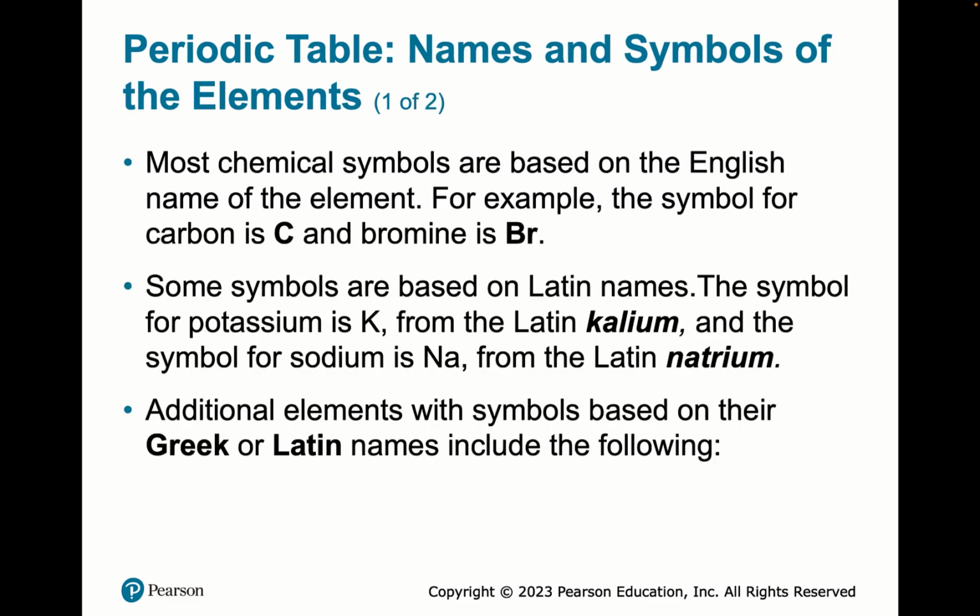So we usually have symbols based off of the English name of the elements. For instance, C is carbon and bromine is Br. But there are some other ones. Quite frequently, we use Greek and Latin names. These are not all that way.